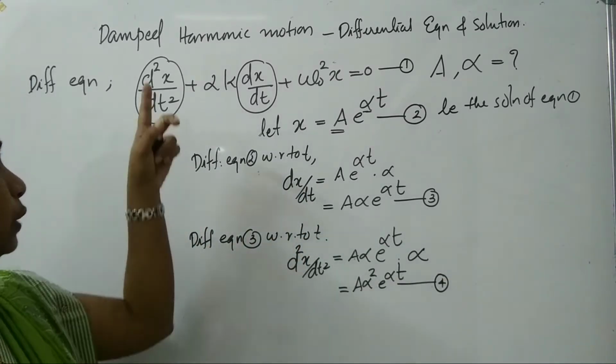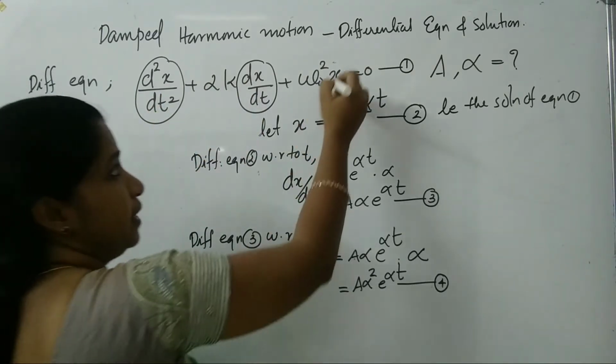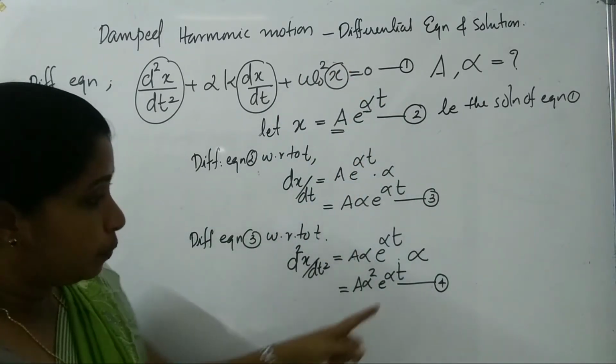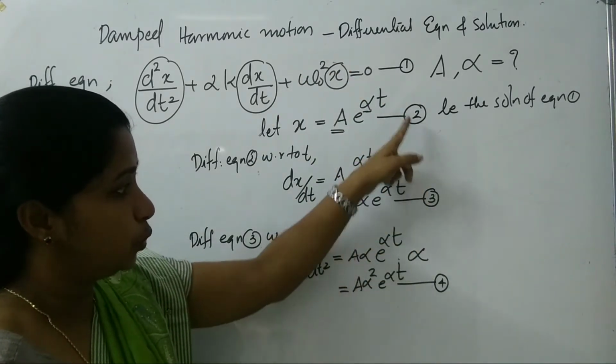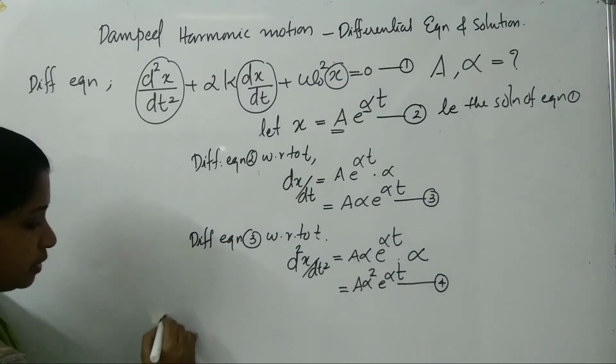So we get the value of d square x by dt square and dx by dt, and we know x as a e raised to alpha t. So put the values of equations 2, 3 and 4 in equation 1.